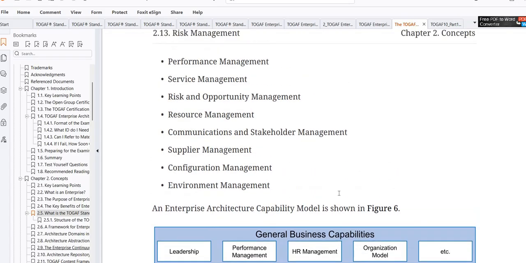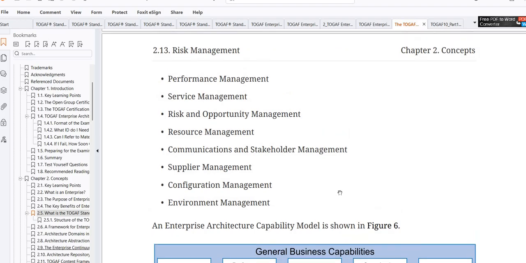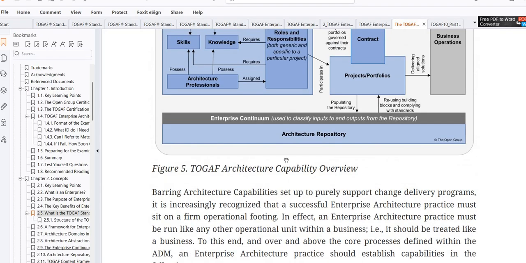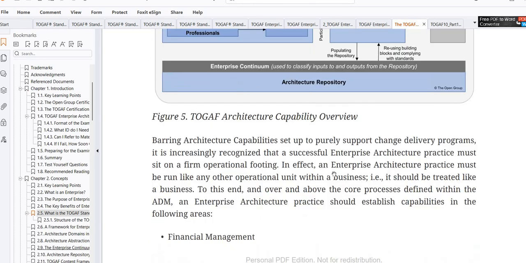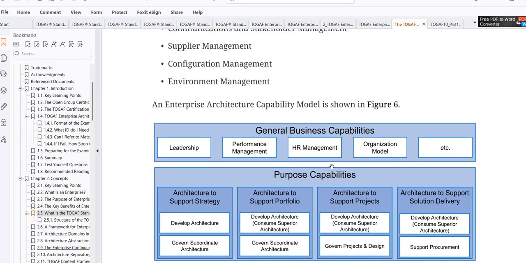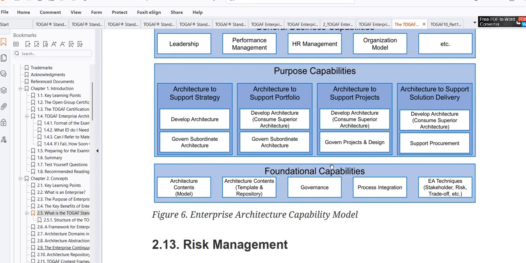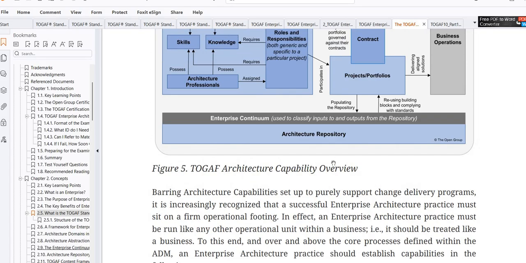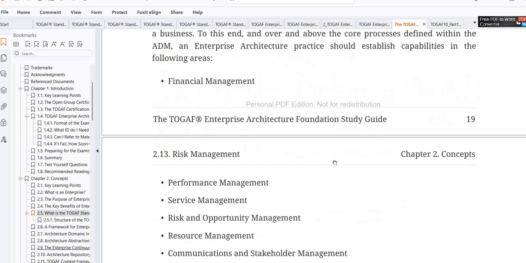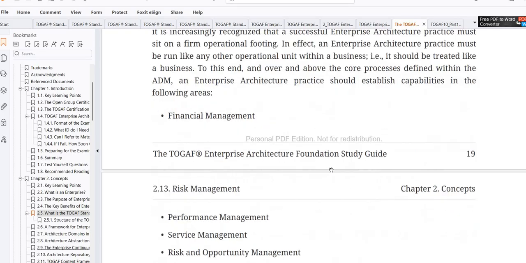That is called the enterprise capability. We can say it is an architecture capability overview. Now another very important concept is the enterprise architecture capability model. Previously it was the TOGAF architecture capability model. So this is called the architecture capability model.